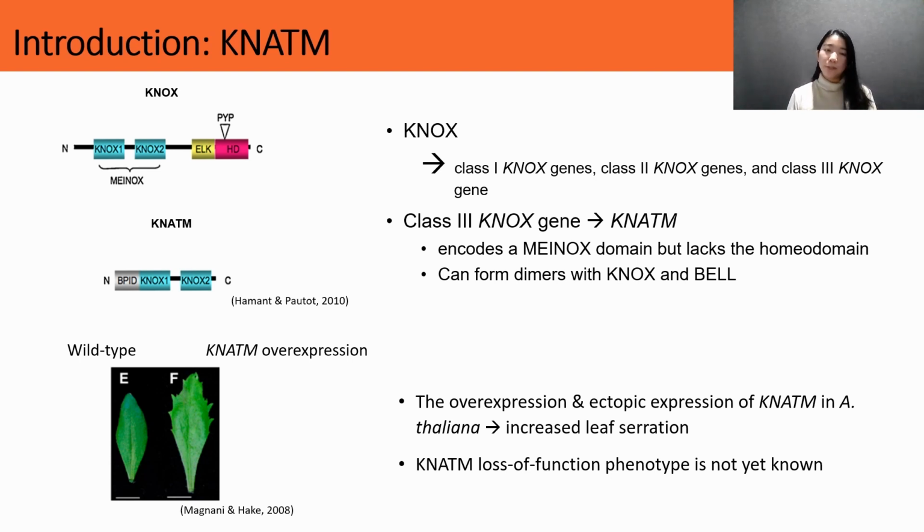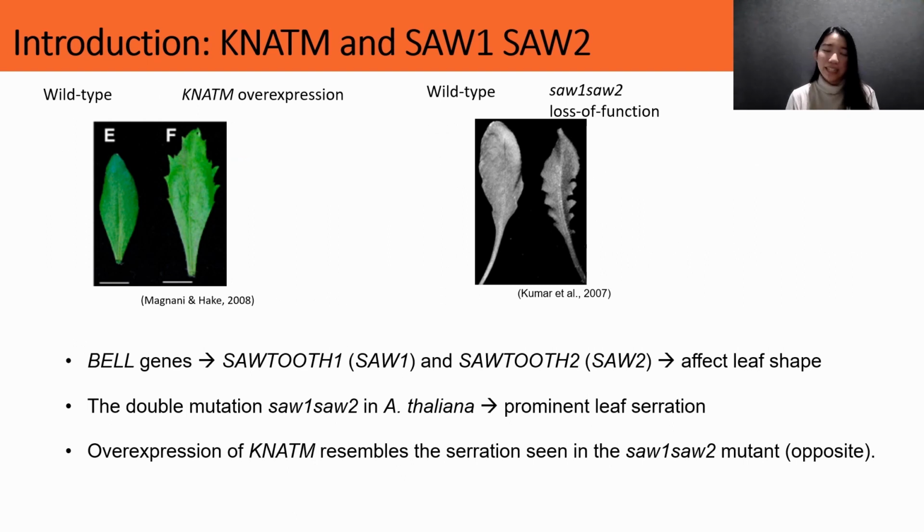In previous research, it was found that the overexpression and ectopic expression of NATM in Arabidopsis thaliana caused increased leaf serration. However, the NATM loss of function phenotype is not yet known. Interestingly, members of BELL genes, SO1 and SO2, also affect leaf shape. The double mutation of SO1 SO2 in Arabidopsis thaliana caused increased leaf serration.